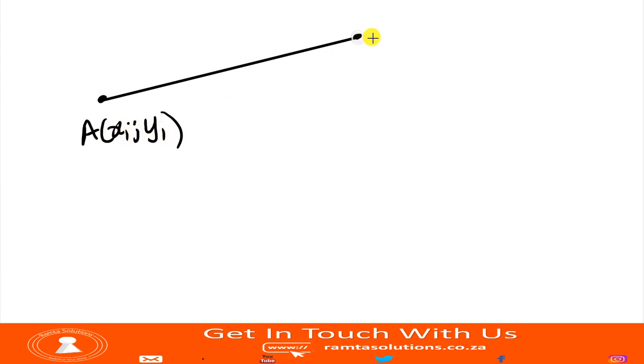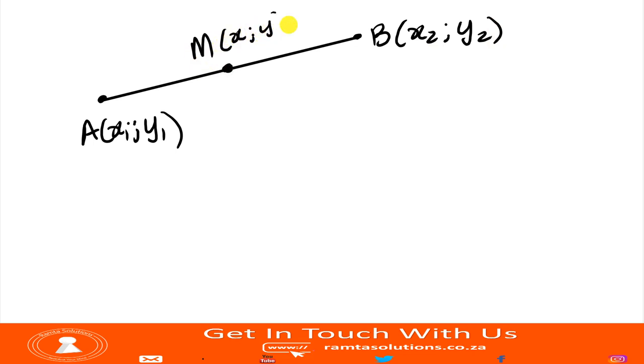So this is point B with coordinates x2 and y2. We are looking for the midpoint. Let's call it M. So far, we do not know its coordinates; we will call them x and y.